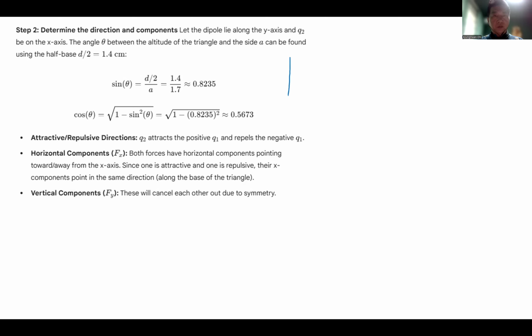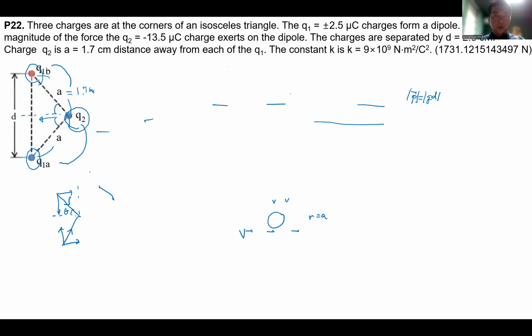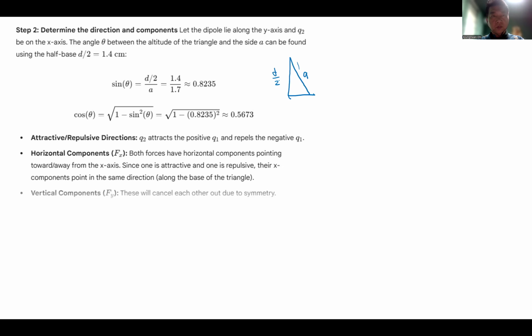So we have a, theta, given by this one, and cosine theta is given.